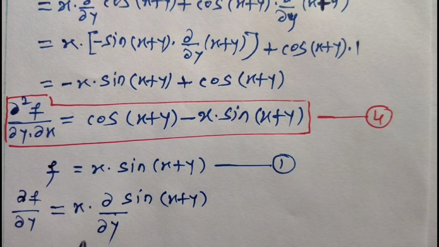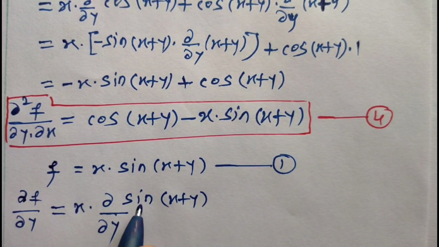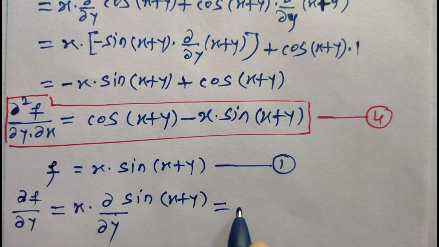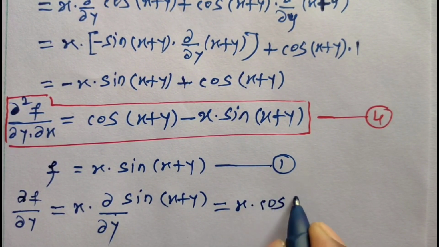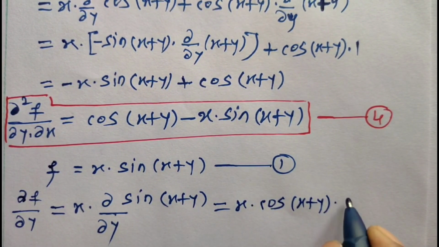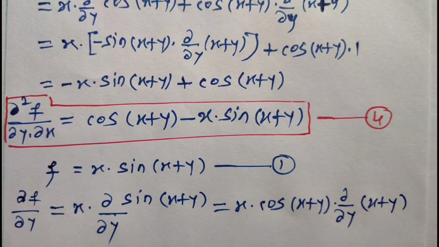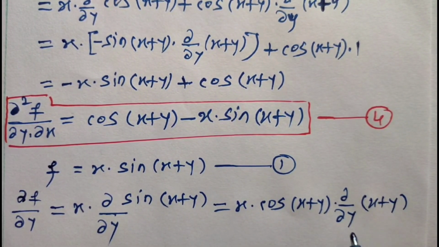Now this is equal to derivative of sine is cosine function. So this is equal to x into cosine of x plus y into partial derivative with respect to y of x plus y. Partial derivative of this bracket with respect to y considering x and function of x as constant. This x becomes constant term, its derivative will be 0, and this is y.